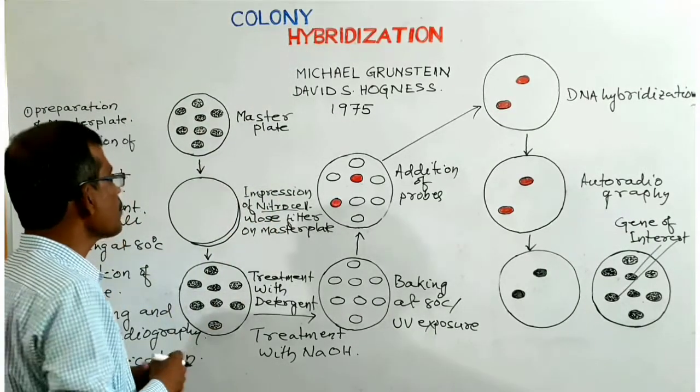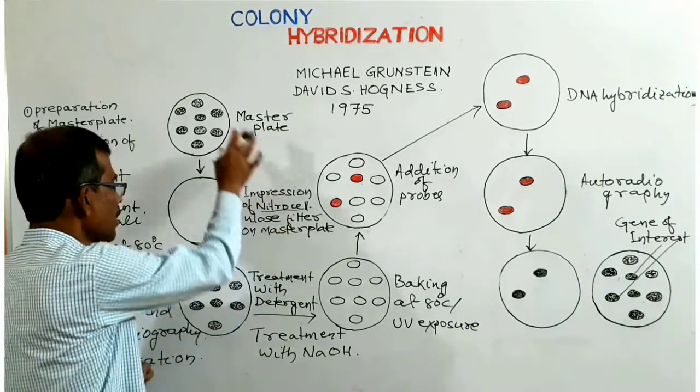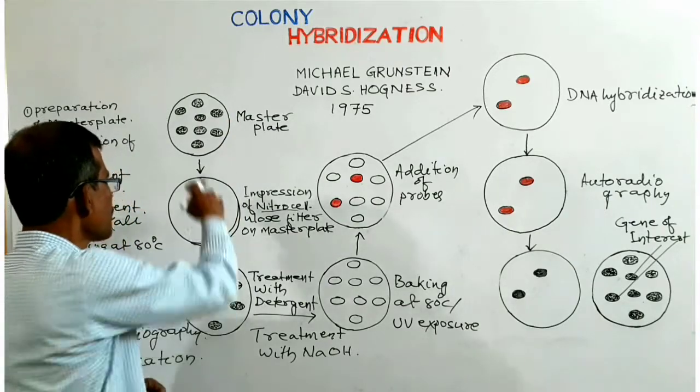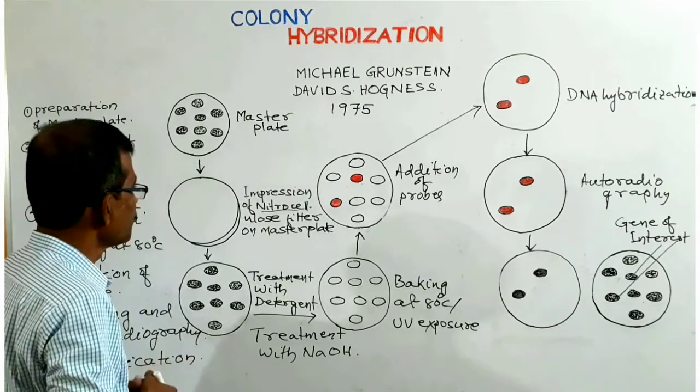By uniformly pressing the nitrocellulose filter on the master plate, we can develop an imprint of the bacterial colonies that are present in the master plate.